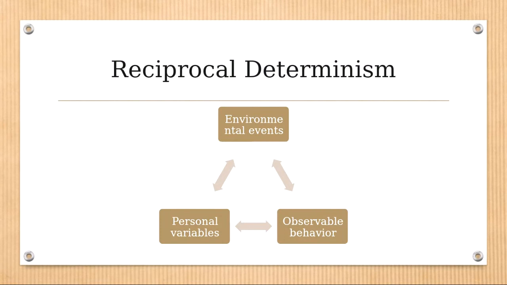Now, the interviewer sees that behavior and he assumes that she is incompetent and treats her as though she's incompetent. So now the observable behavior has influenced the environment, being the interviewer. So again, the personal variables have influenced the observable behavior. Observable behavior has influenced the environment. And again, this can go both ways.